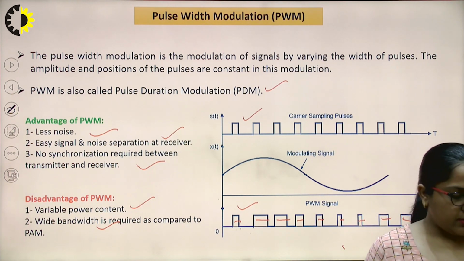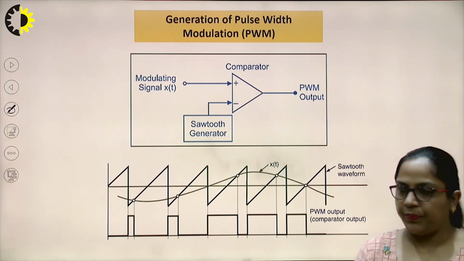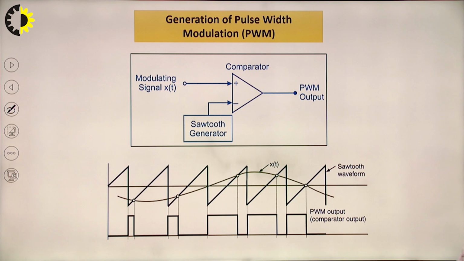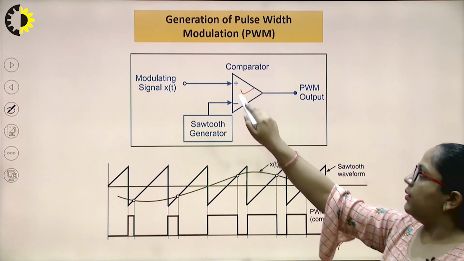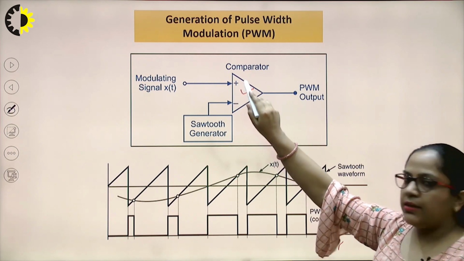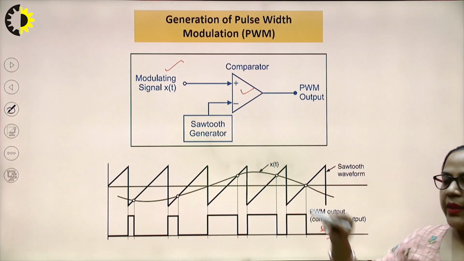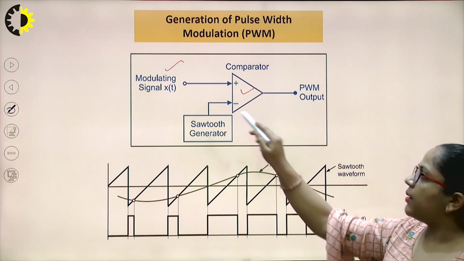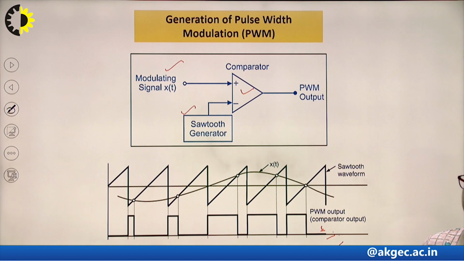Now, let us discuss how we can generate a pulse width modulated waveform. To generate a pulse width modulated waveform, we have this circuit arrangement. This is the comparator. At the non-inverting terminal of this comparator, we are applying our modulating signal. At the inverting terminal of this comparator, we are applying a sawtooth generator that will generate a sawtooth waveform.